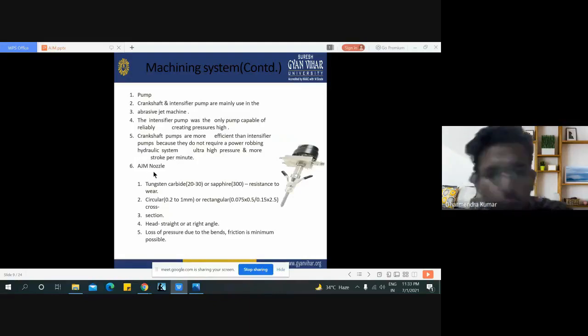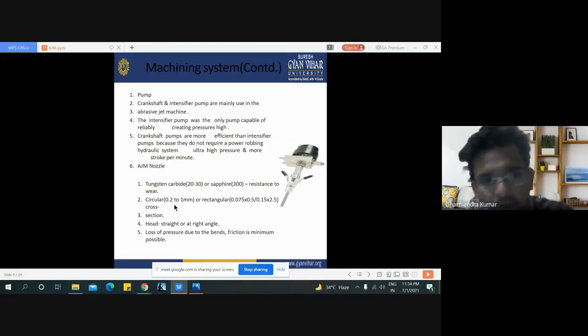Then we come to the abrasive jet machining nozzle. Tungsten carbide is used because it is resistant to wear, as the high-velocity air mixture with abrasive particles goes through the nozzle. This is the requirement of the nozzle: it must be resistant to wear and tear.